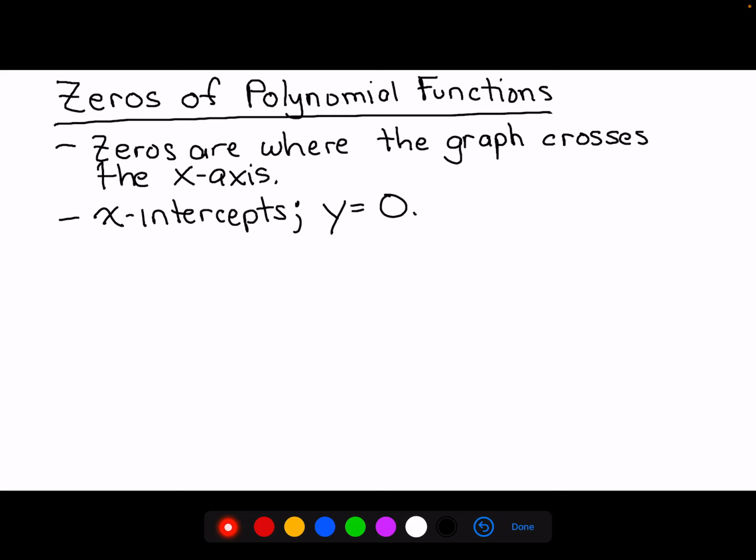Let's say that we have a problem like x squared plus 4x minus 5, and we're dividing by x plus 5. If the remainder is 0, then we know we have an x-intercept value.